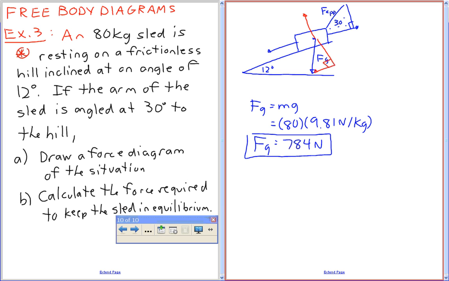So this is going to be F down, we'll call this, and this is going to be F. This is my free body diagram right now. The force down the hill is going to match the force up the hill that I'm applying there. How do I calculate what F down is going to be?